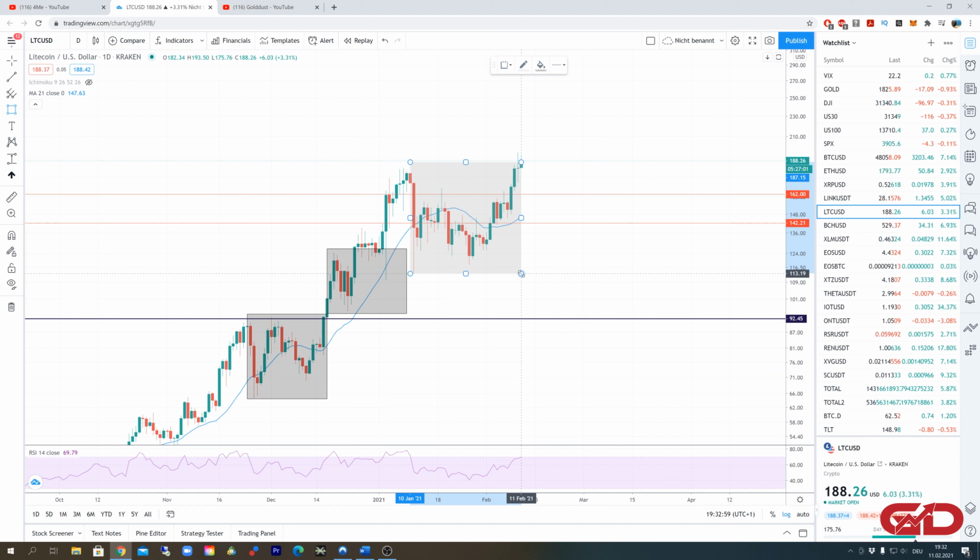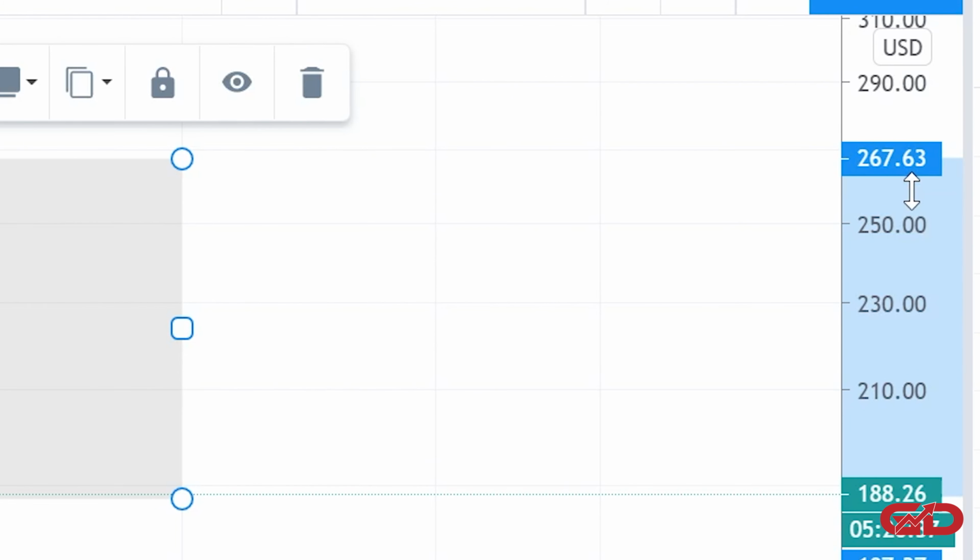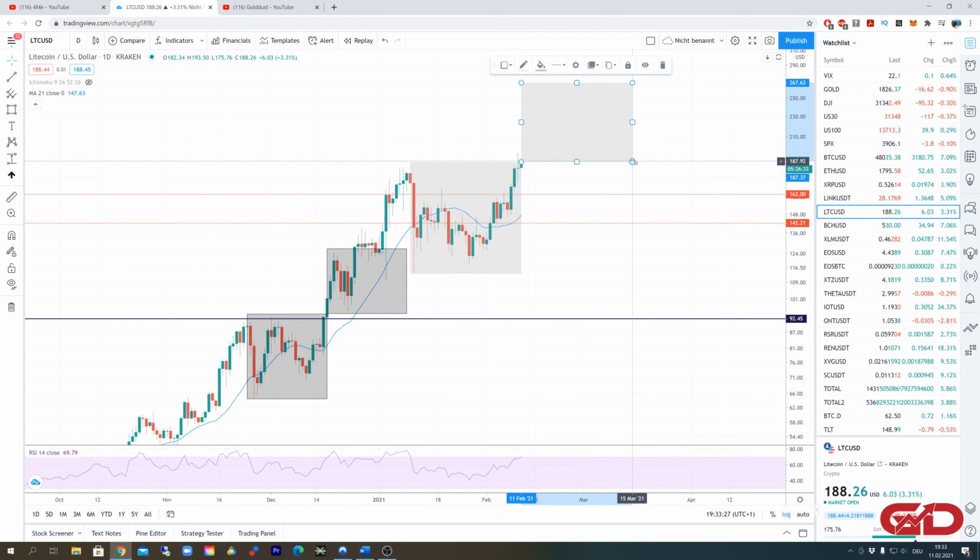Let's assume that today will be the daily candle close. Of course, if the daily candle close is tomorrow, then the time window will also extend. But assuming that today we get the daily candle close above the old local high, then we would have a price target in Litecoin of $267.63 in a time window till the 15th of March.